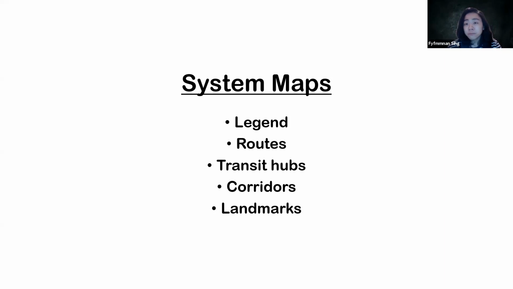So we want to know how many routes are there? Are there few routes? Are there many routes? What places do they connect? So residences, businesses, neighborhoods, cities. What roads or pathways do they take? Where are they dense or sparse?